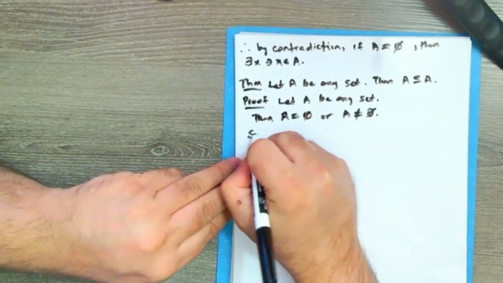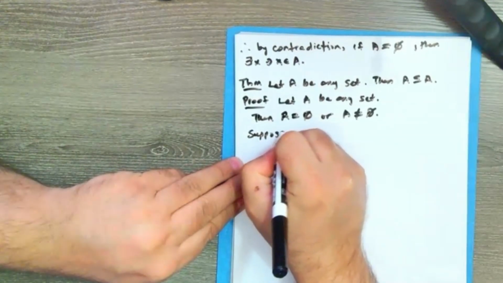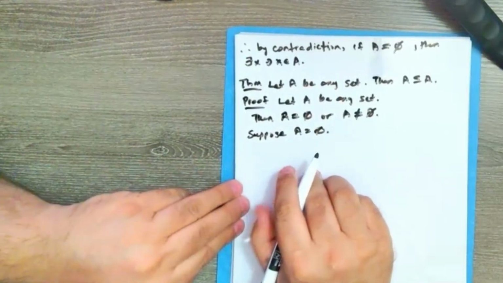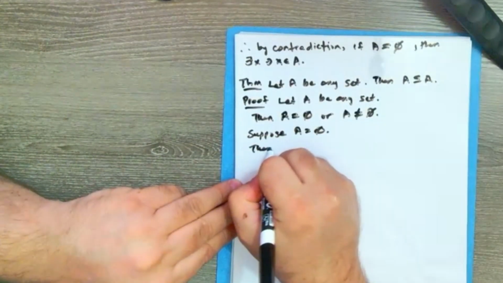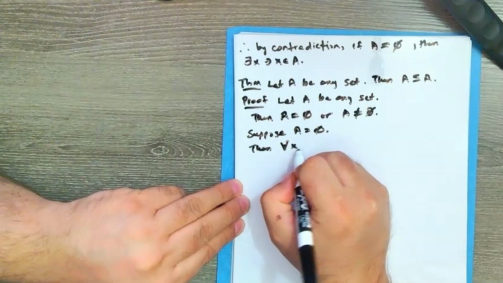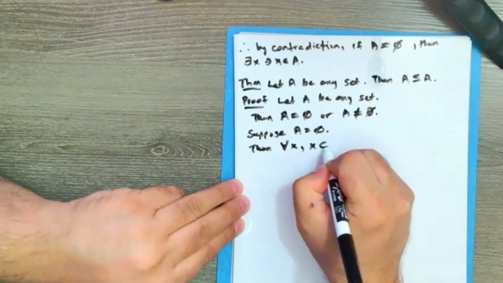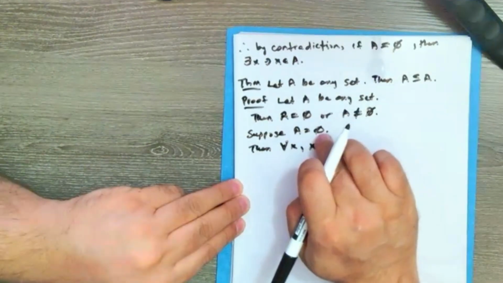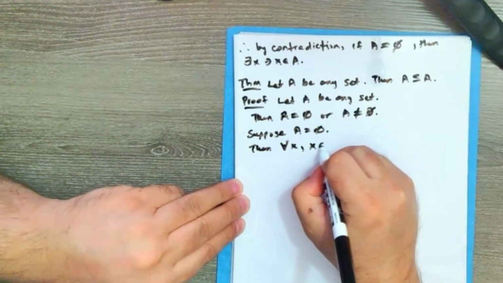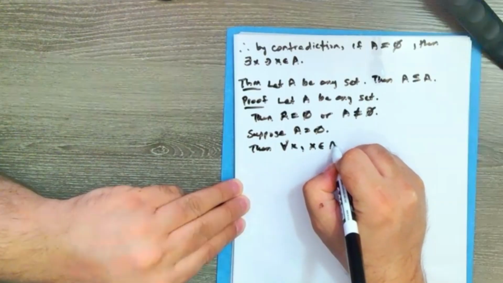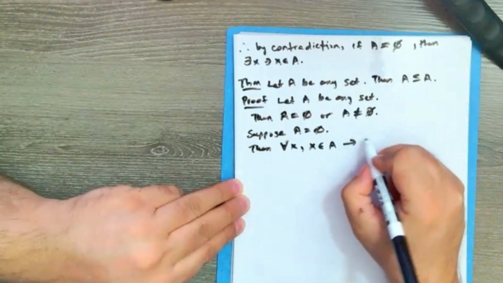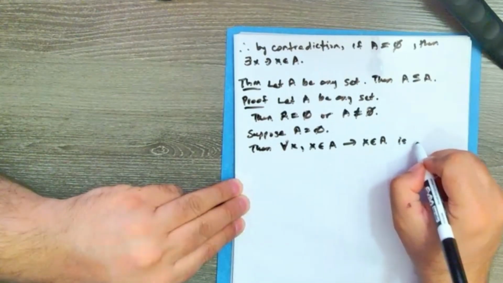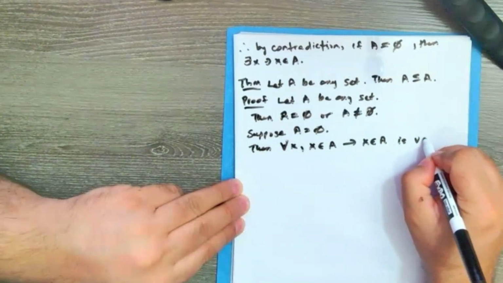So first, suppose that A is the empty set. Then, for every element x, the implication, x is in the set A implies that x is in the set A, is vacuously true.